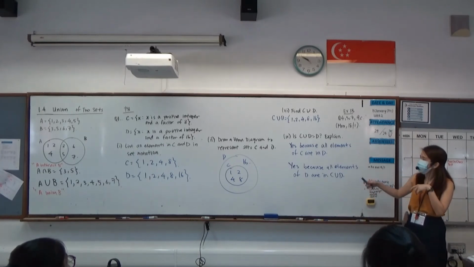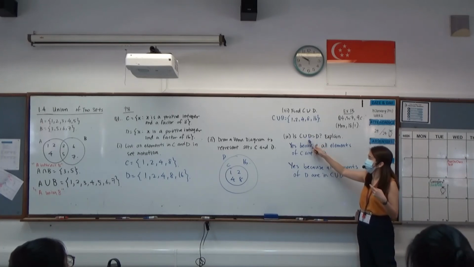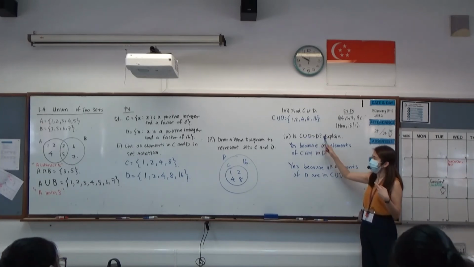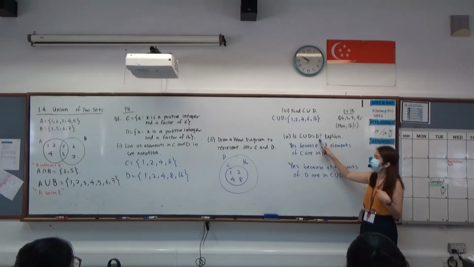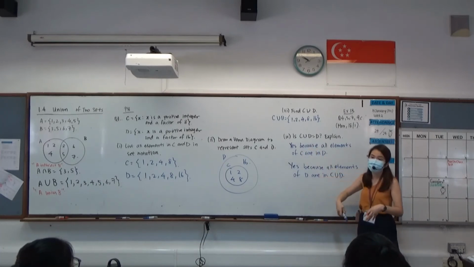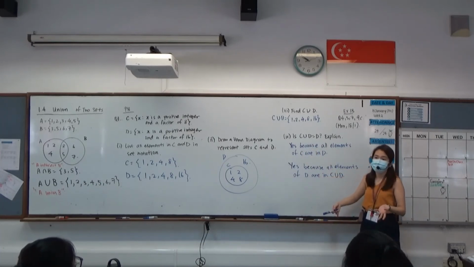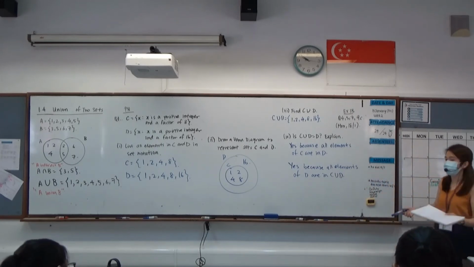Since we're talking about equal, if C union D equals D, we can have the elements inside here to be inside here. Otherwise, we can also say the elements inside here will have to be inside here. That's the whole idea of equal, unlike when we talk about proper subsets, where there is a different situation.